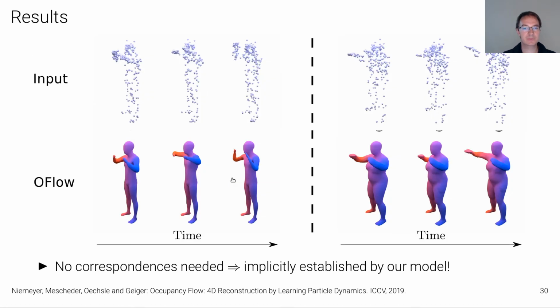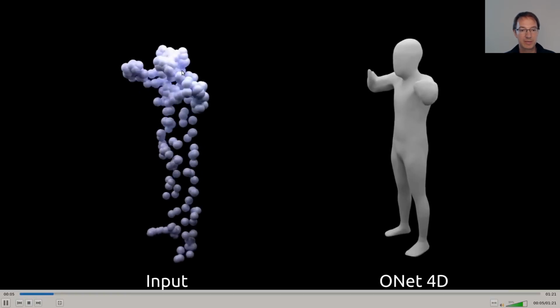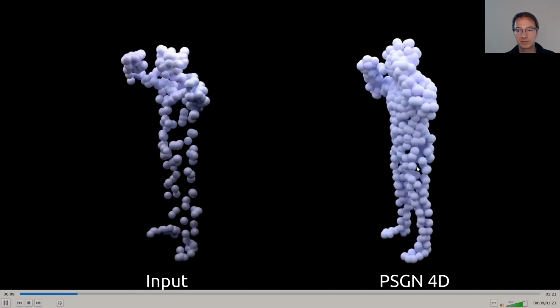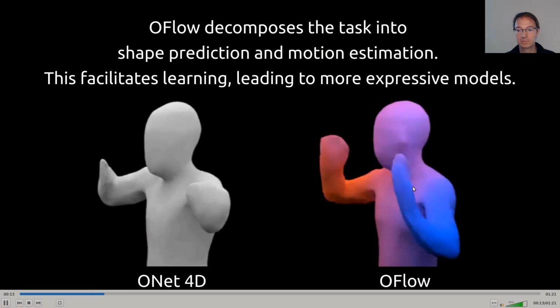So let's look at some results. Let's first look at some point cloud completion results. Here on the left, we have the input, a very coarse and noisy point cloud sequence, the result of a point set generation network, and our occupancy flow results.